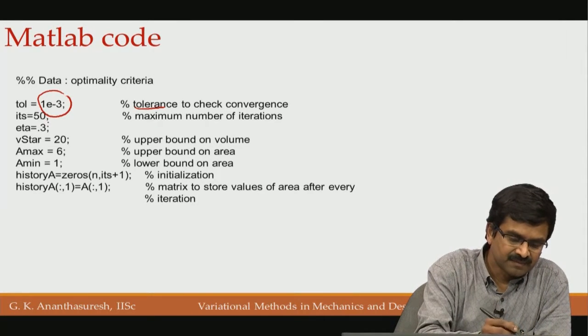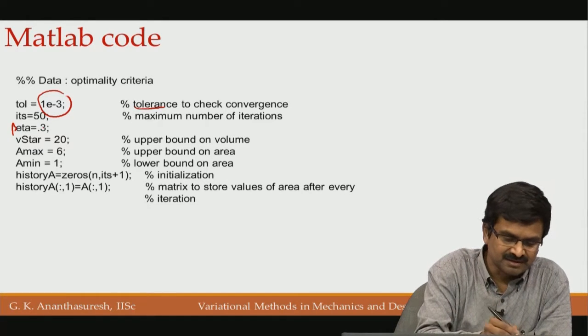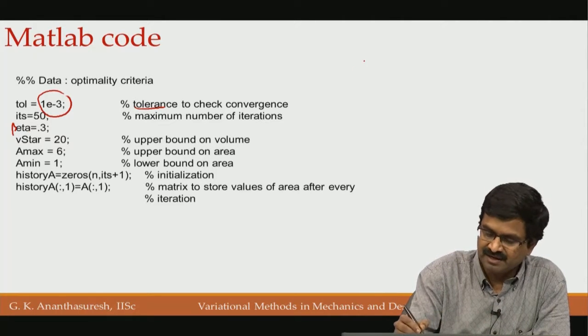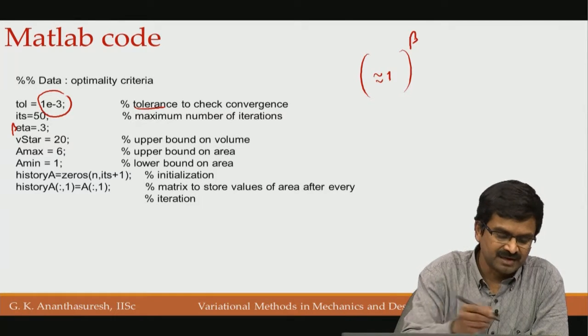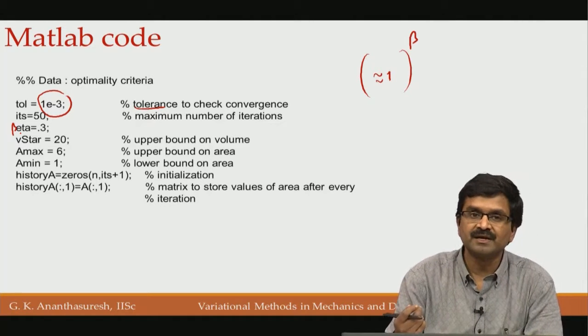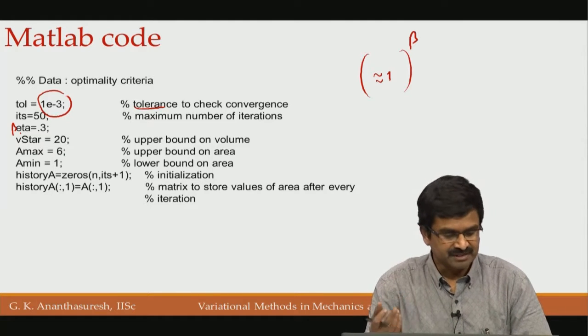And then this eta or beta, in the code it is written as eta, actually beta when I explained it, that is we had something that should eventually be equal to 1, we were raising to the power beta, right, that is this beta. Here it is taken as 0.3, we are slowing it down rather than speeding up, that is something that you have to decide when you run.